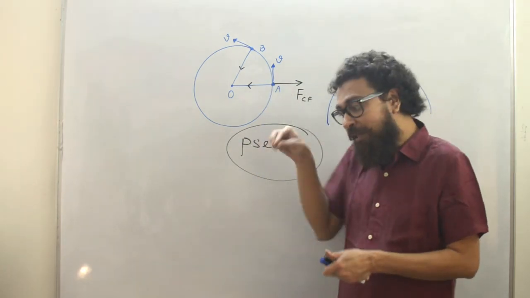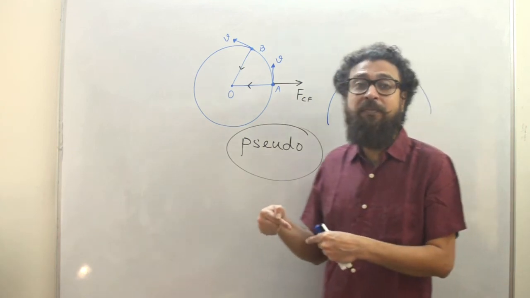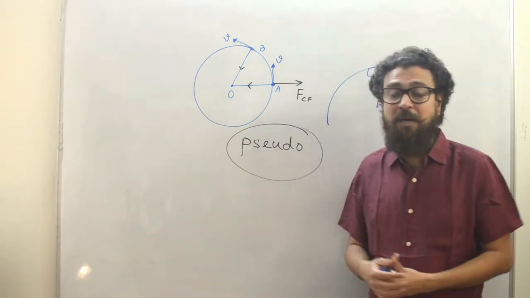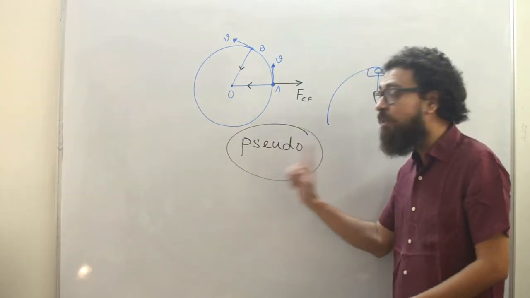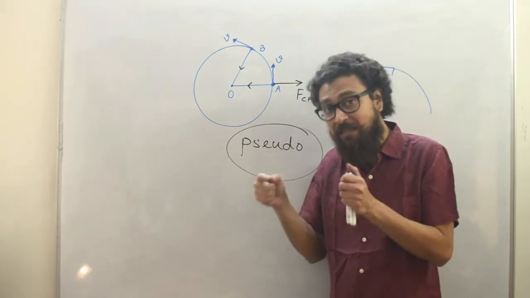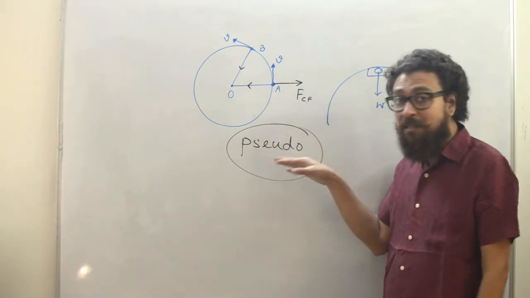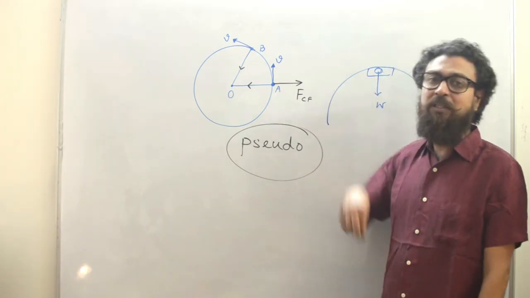That means we are within the system and then we are observing the system. Then we will experience certain amounts of force or acceleration or some vector which are pseudo, which are actually non-existing in reality. But this exists due to our own perception when we are within the system.